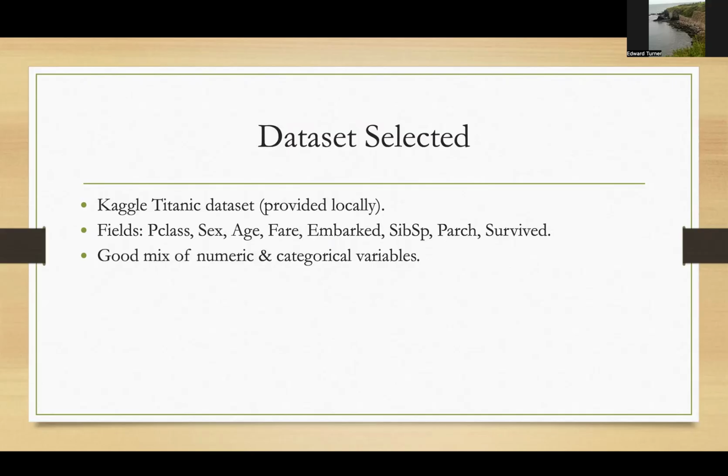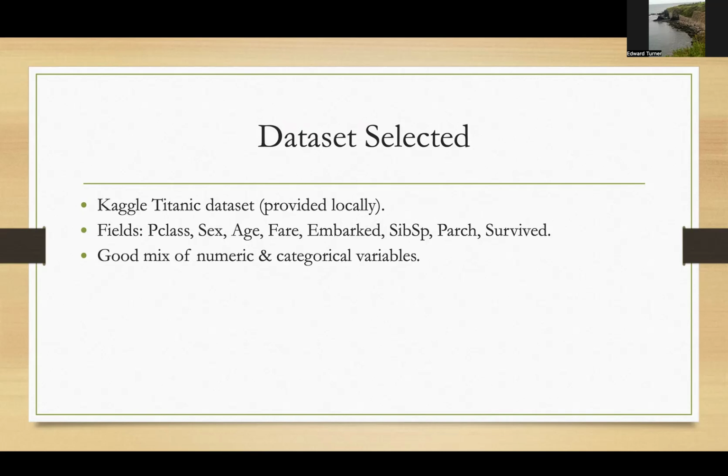Now, as I mentioned before, the Titanic data set is what is used. You can find it on Kaggle. You can also download it and use it locally. The fields that we'll consider are the class of the passenger, the sex of the passenger, the age of the passenger, the fare they paid, where they embarked from, and whether they have any siblings or spouses on board.